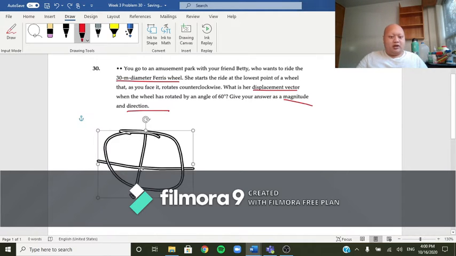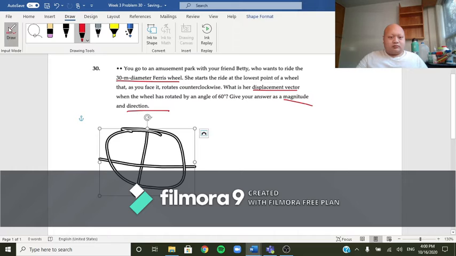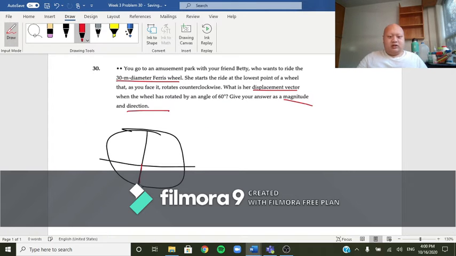As you can see, it starts here, and it's 15 meters from the axle of the Ferris wheel, and then it turns a little bit to the left, 60 degrees. So pretend that this is 60 degrees, and this is also 15 meters, because in a circle, all radii are congruent.